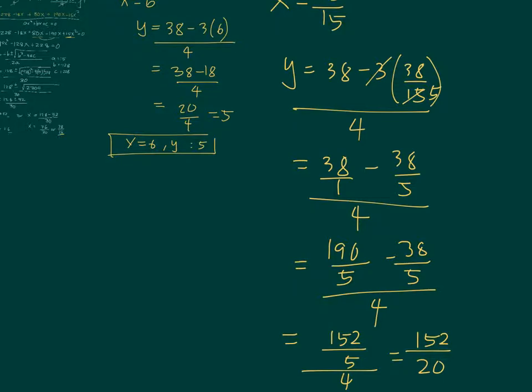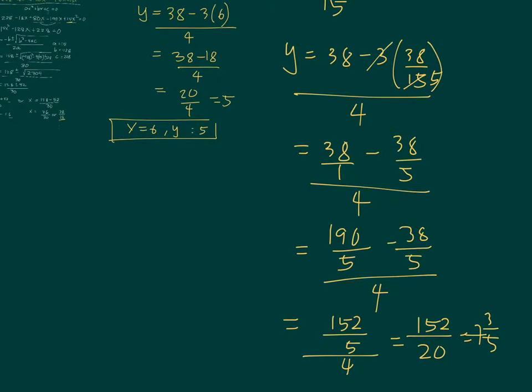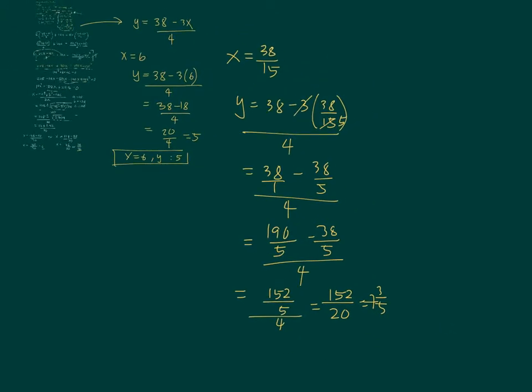And then reducing 152 over 20, this should give you 7 and 3/5. So this will be the value of y. So when x is equal to 38 over 15, y is equal to 7 and 3/5.